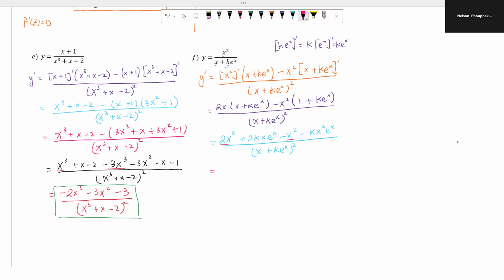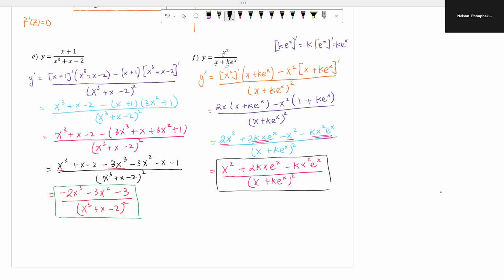And now 2x squared minus x squared is x squared. And these two, they are not alike. So I'm done.